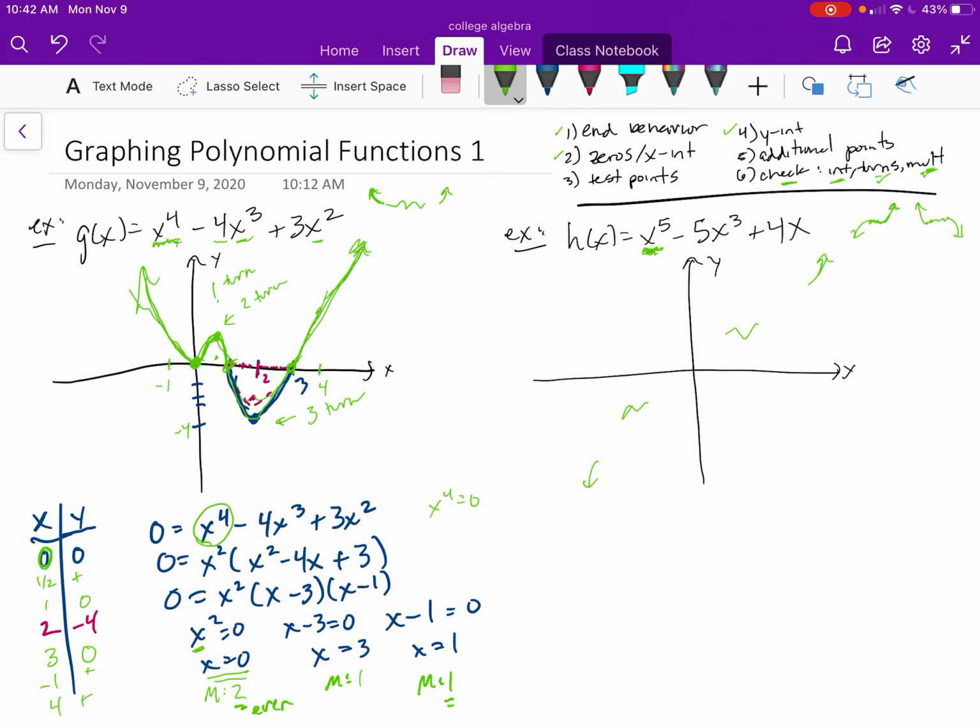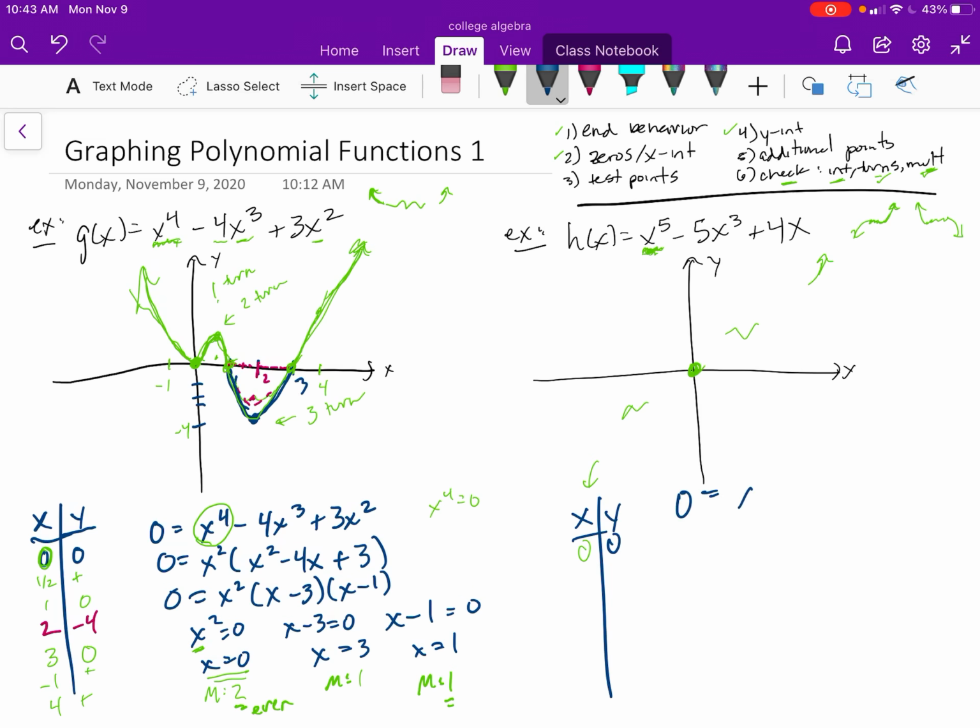Our y-intercept, like I said in the other one, I know it's 0 because if I substitute 0 in for x, I get y is 0. We'll start a little t-chart. So we plug 0 in for x, we got 0 for y. Let's check the x-intercepts.